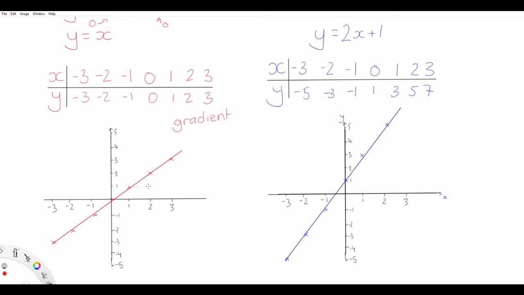So if we were to form a triangle here, for each movement of 1 in the x direction, how far up or down has it gone in the y direction?